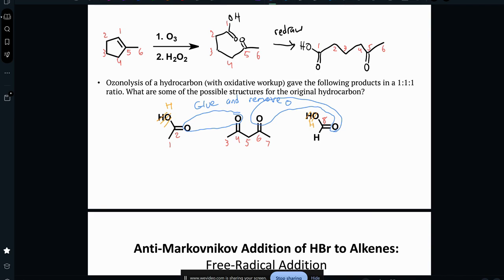So if I draw out my carbons, 3, 4, 5, 6, 7, I'm going to glue carbon 2 to carbon 4. So now I'll have a double bond here. That'll be carbon 2. Carbon 2 still bonded to carbon 1. And I'm going to glue carbon 8 to carbon 6.